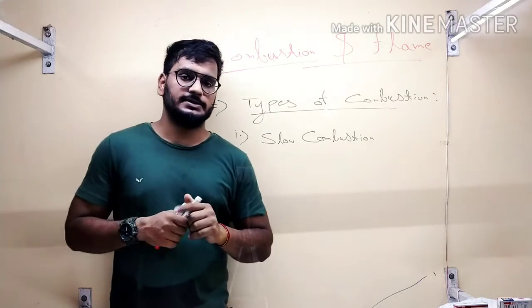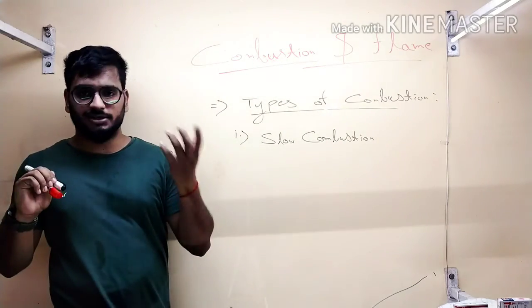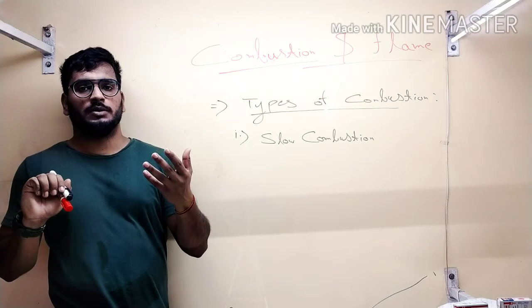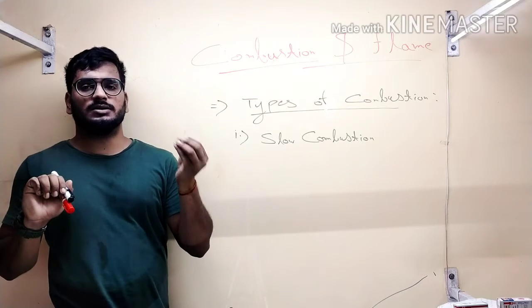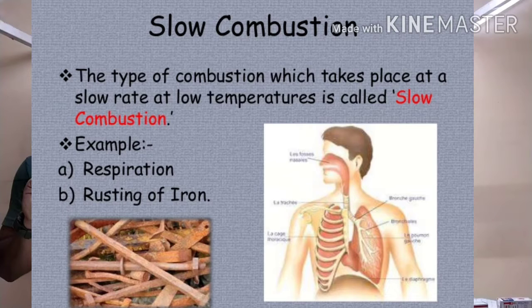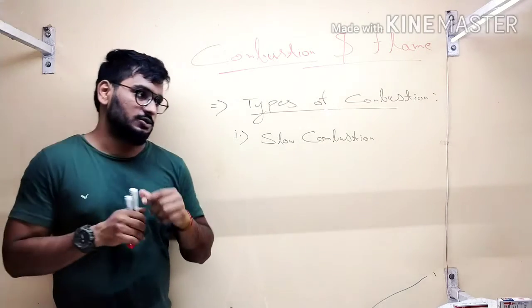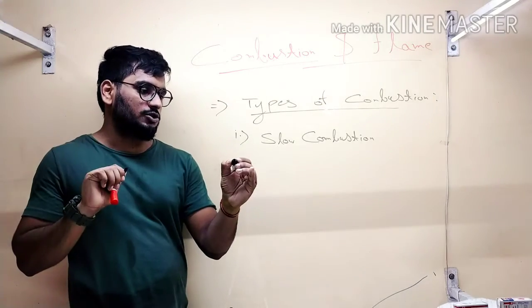For example, the digestion of food. It is also a combustion, but it is very slow, and heat and light are negligible there. So note the definition of slow combustion.